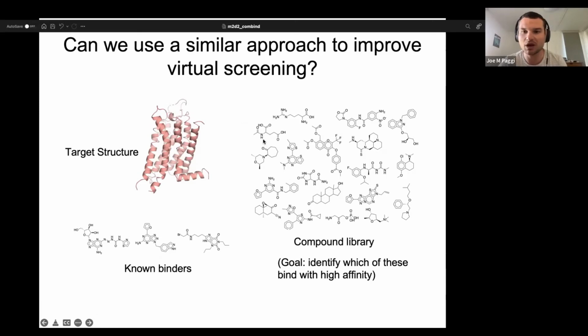Basically, you're given a compound library and you want to identify which of these molecules might bind to the target with high affinity. Here, the inputs of our model are the same as the Combine method. We input the structure of the protein and a small set of known binders.